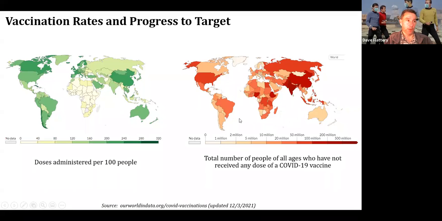This was also an interesting graph, I thought, which was, okay, that's what fraction is vaccinated, or how many doses per 100 people, or these per capita kind of measures. Where are the unvaccinated people by the millions? Where are the most numbers of unvaccinated people? It's maybe a little bit misleading, but there's a lot in Africa. There are a number in the most populous countries, just because we're starting with a very big number and multiplying it by some fraction that's unvaccinated, we still have a pretty big number.